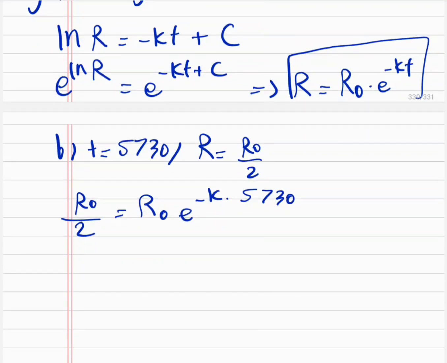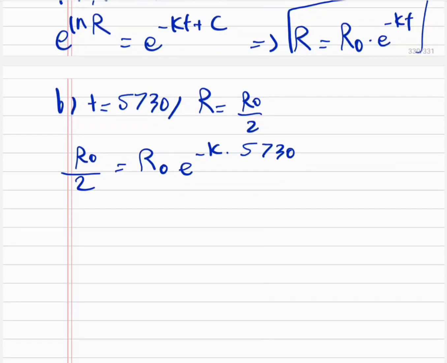Now we can solve this equation to find the value of k, because this part is all about finding k. The two R0s are just going to cancel. Then we take ln of both sides. So we'll have ln half is equal to minus k times 5,730.